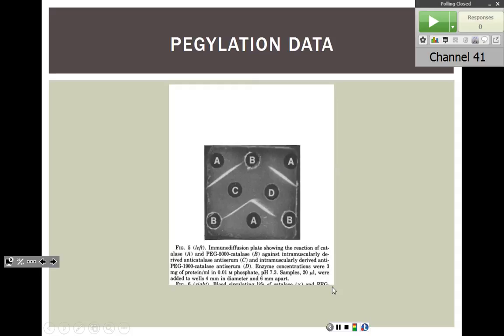So unmodified catalase in A. We've got pegylated catalase in B. We've got anti-catalase serum in C. So these are antibodies that are specific for catalase.